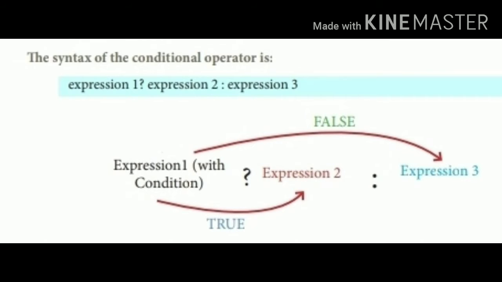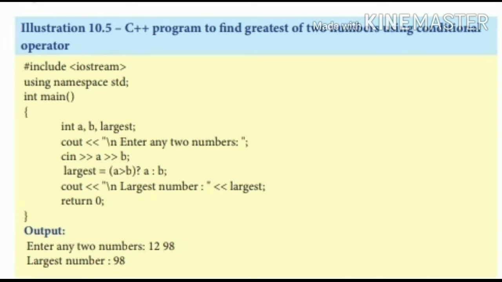The example for the conditional operator is to find the greatest of two numbers using this operator. In this program, three variables are declared, that is a, b, largest, and then we get the values from the user using the cin function. Then we check the statement largest equal to a greater than b, question mark. If the condition is true, a is executed, otherwise b is executed.